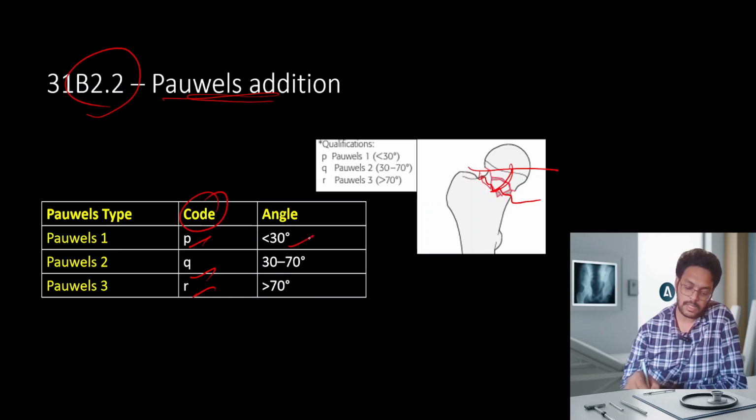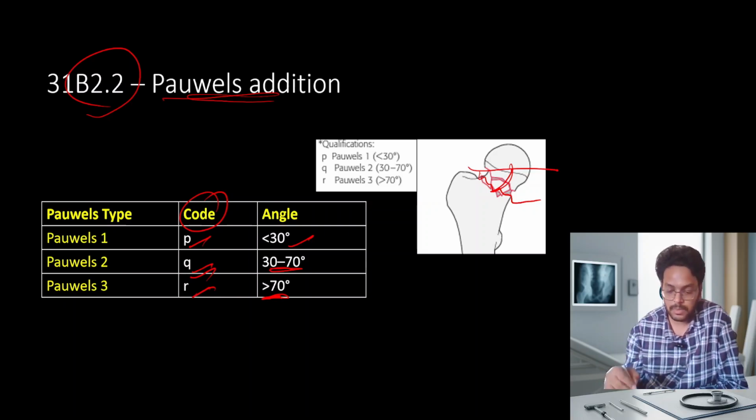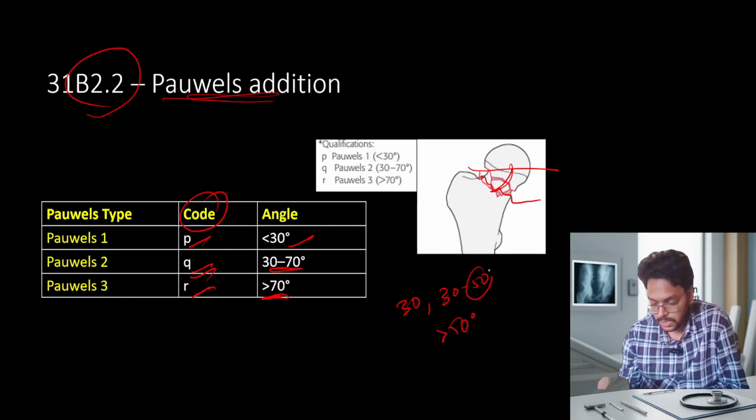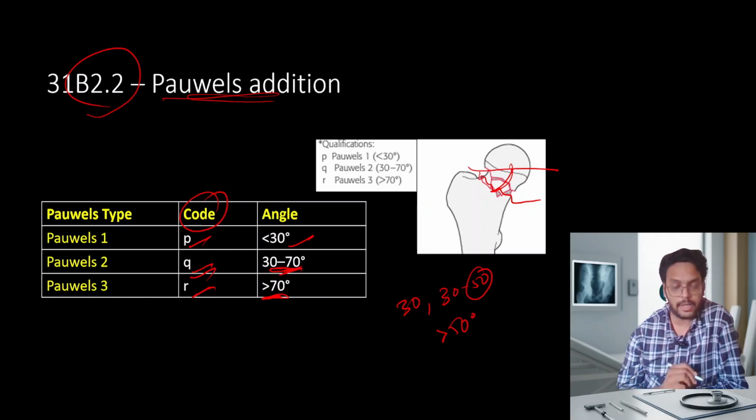If it is less than 30 degrees it's P, 30 to 70 degrees it's Q, more than 70 degrees it's R. According to the original Pauwels, it was 30, 30 to 50 and more than 50. They changed the number 50 to 70 degrees.